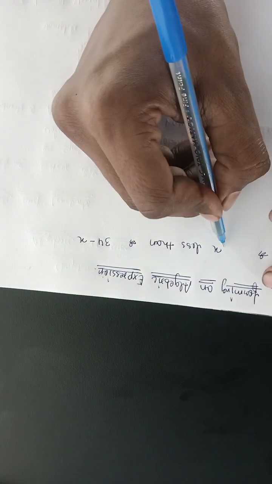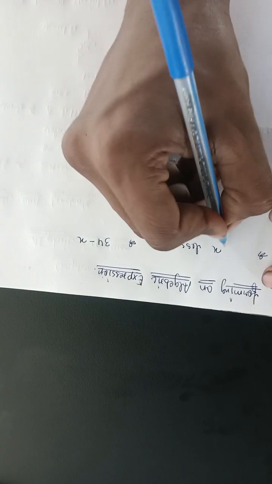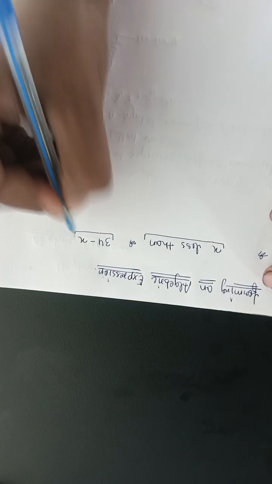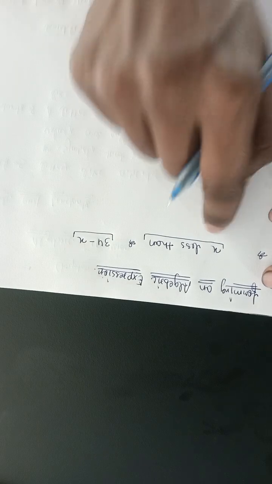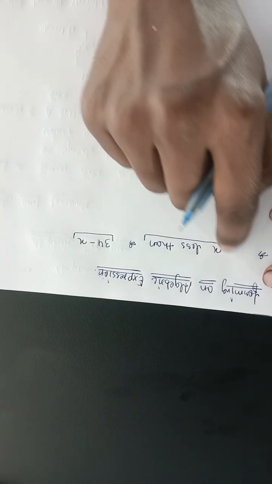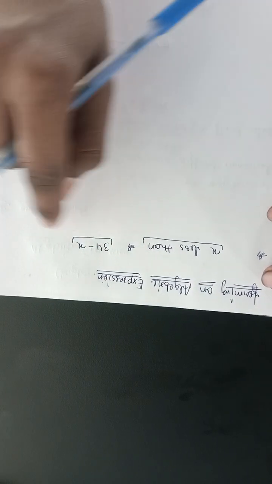This is a situation which is told to you, and this is the represented form of this situation. So this representation of a mathematical situation in this form is called forming an algebraic expression. This is an algebraic expression.